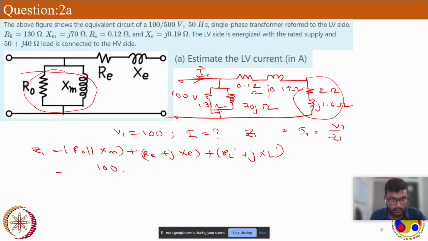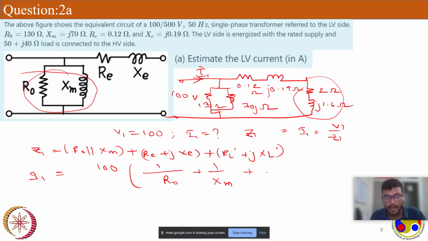100. This is the total voltage, that is V. Now I'm writing directly to the current. 100 divided by Z1. 1 by Z1 is nothing but 1 by R0 plus 1 by Xm.